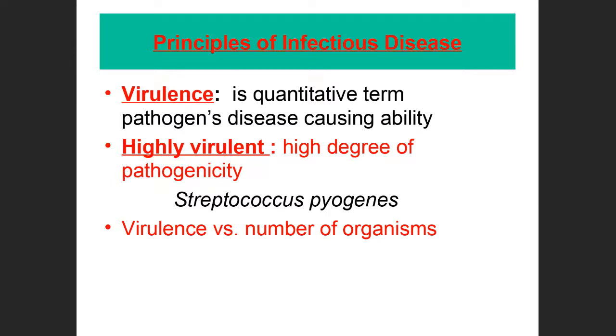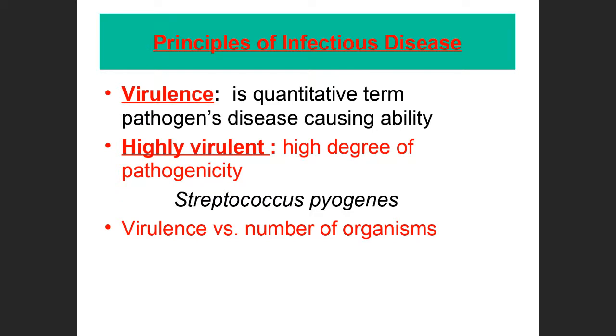This is one of the normal flora of the throat. This is a highly virulent organism. We will actually, even in this chapter, start talking about the features that the organism has that allows it to overcome our immune system. So it's extremely pathogenic, very virulent because of that.